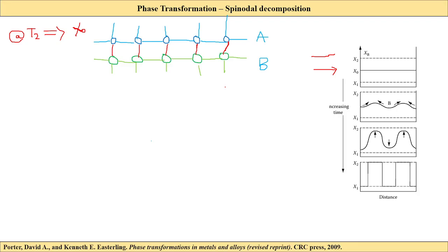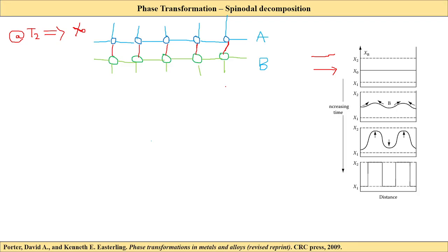Then alpha 1 and alpha 2 will form a coherency, right? That part we call coherent spinodal decomposition. It's nothing but the alpha and alpha 2 that form having coherent surfaces. That is the difference between chemical spinodal decomposition and coherent spinodal decomposition.